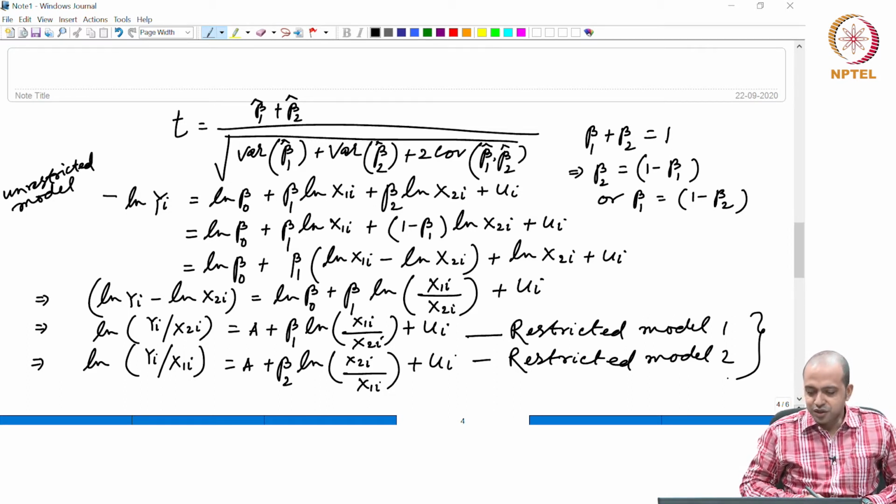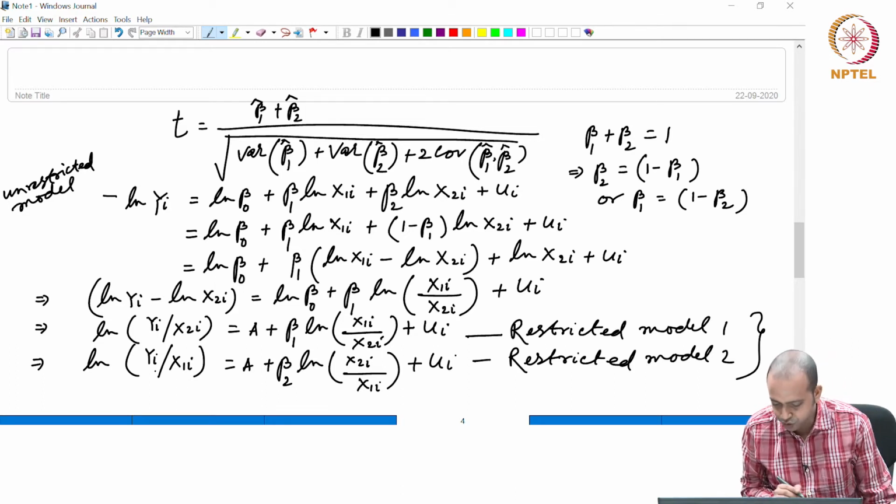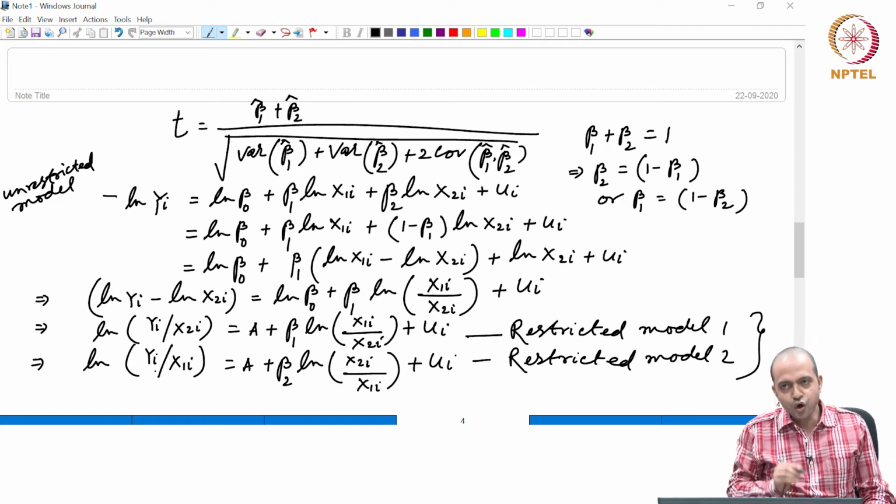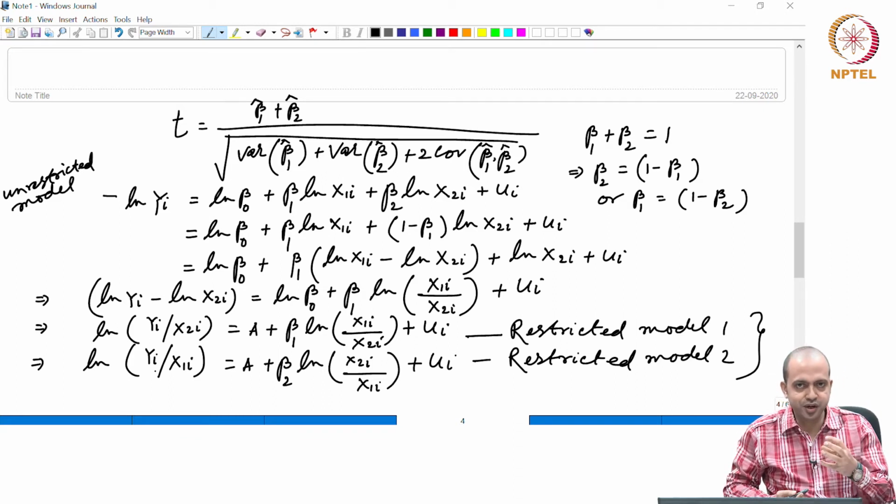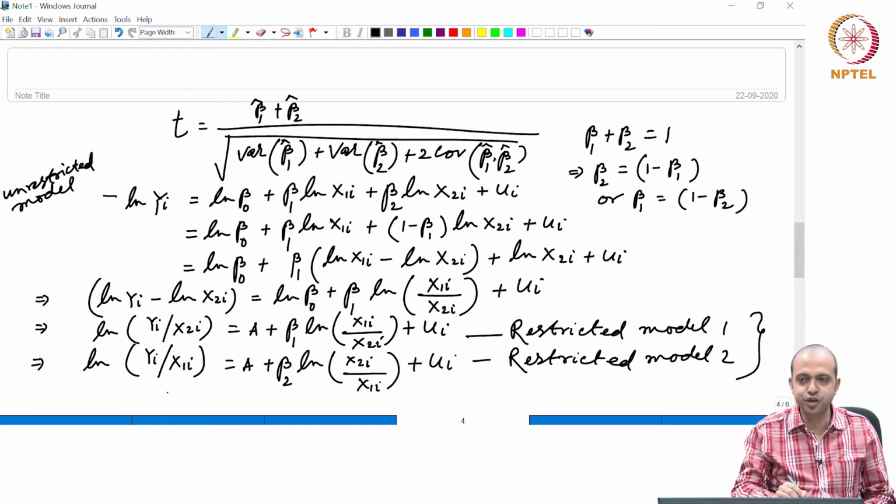Now, for economists, restricted model 2 is more appealing and more used in the literature, where we assume that the output labor ratio is a function of the capital labor ratio. How much capital per unit of labor is endowed? One unit of labor, how much capital that labor is getting, that will determine the labor productivity, because this left hand side, output by labor, is called labor productivity, the average productivity of labor.